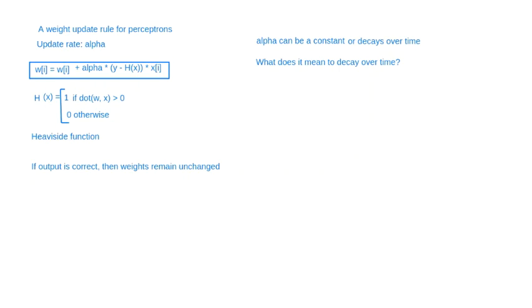What if the output is supposed to be 1, but the h of x value is 0? What happens with this?